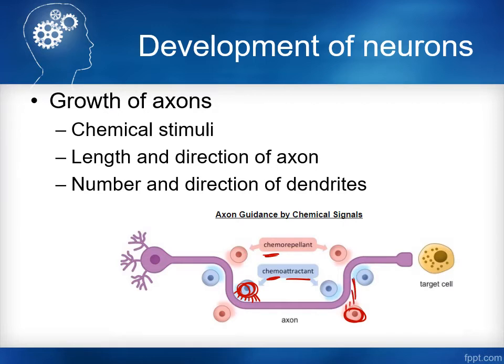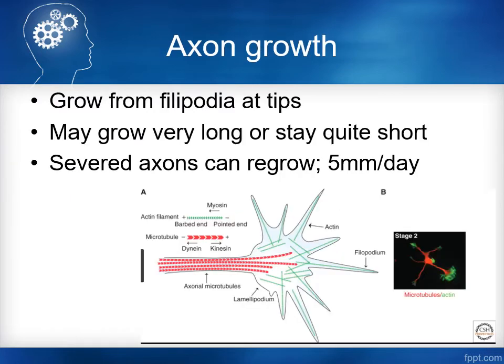And the collection of the attractants and the repellents are going to signal the axon to grow so that it gets to the target cell where we want it to be. Those chemical signals are also going to tell dendrites to grow or not grow, how many and in which direction those dendrites need to go. So lots of chemical stimuli in addition to the genes that we are activating and deactivating.